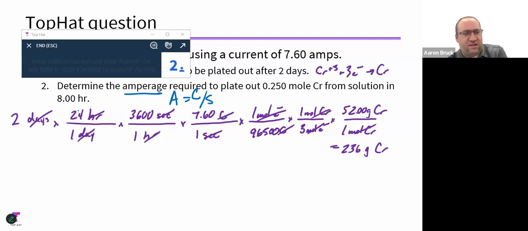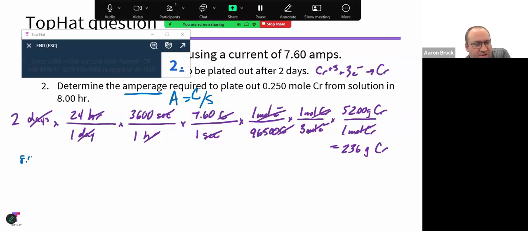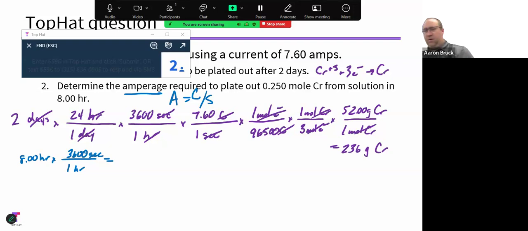Now, the first part's pretty easy to do. 8.00 hours. We know that every hour contains 3,600 seconds. So 8 times 3,600 is 28,800 seconds.